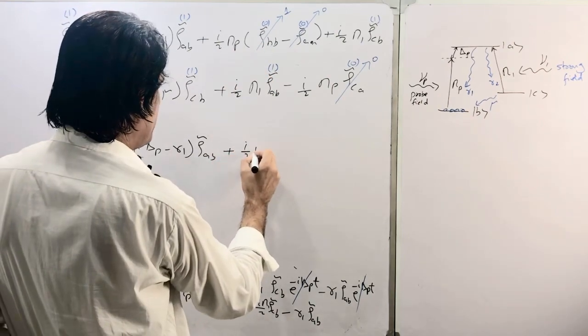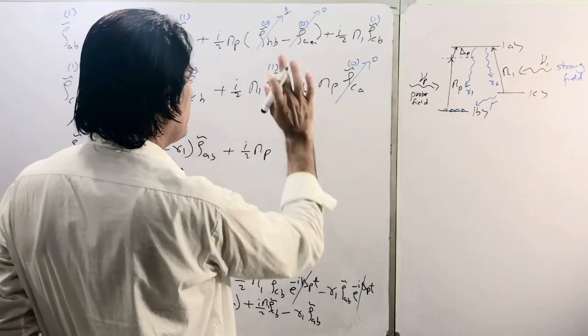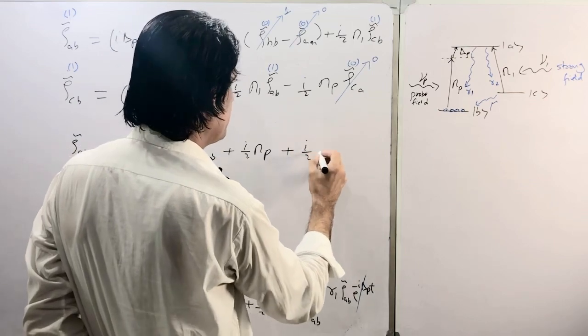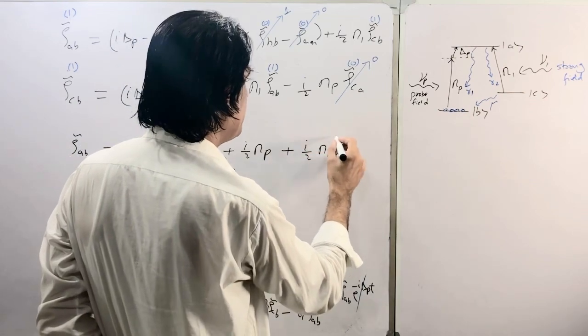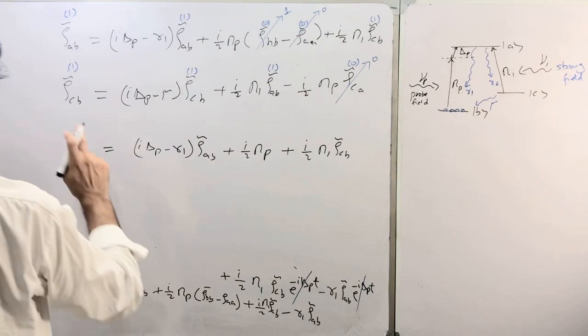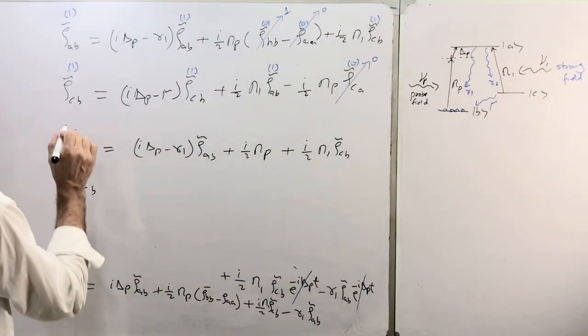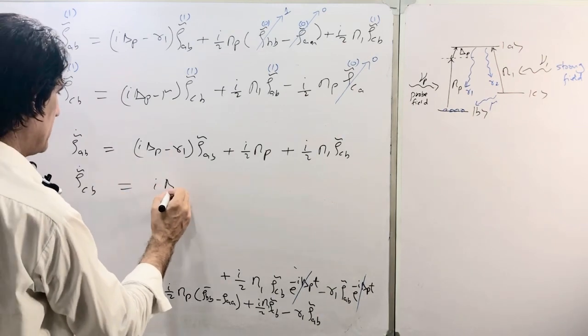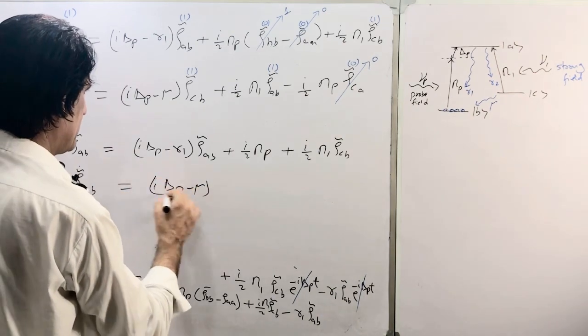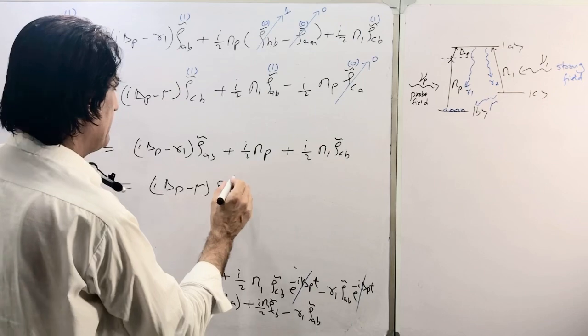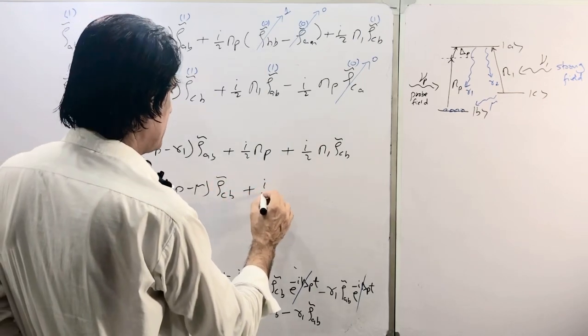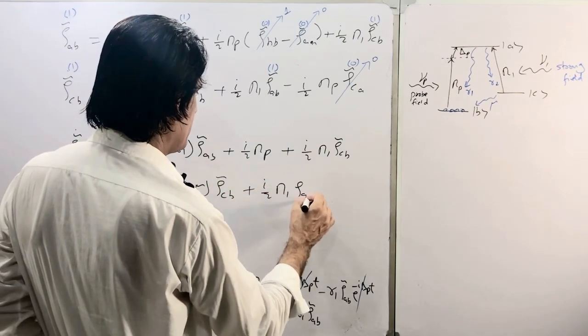Plus iota divided by 2 omega P, this is 1, this is 0, plus iota divided by 2 omega 1 rho CB. And this equation, rho CB dot, which is equal to iota delta P minus gamma rho CB plus iota divided by 2 omega 1 rho AB.